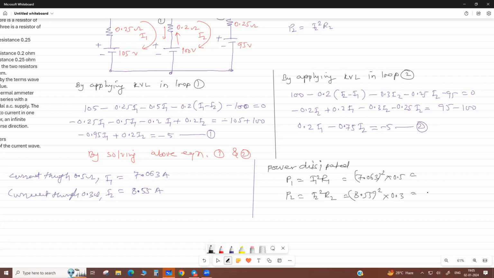This becomes 24.95, and then 8.55 squared into 0.3 is 21.